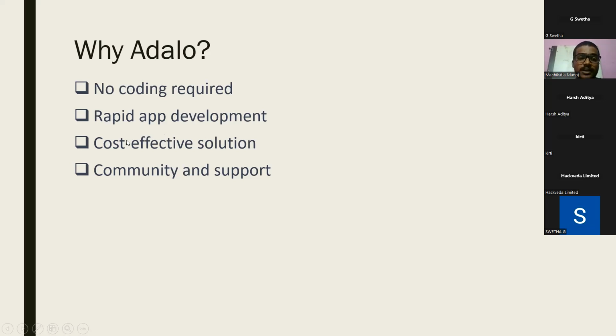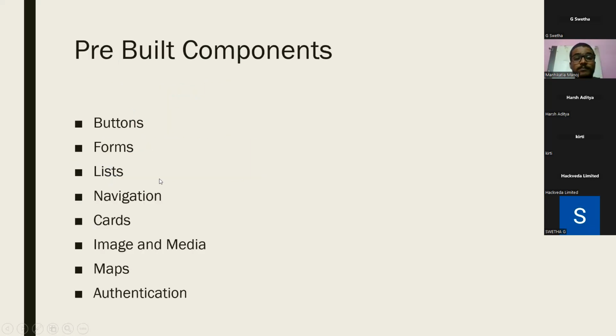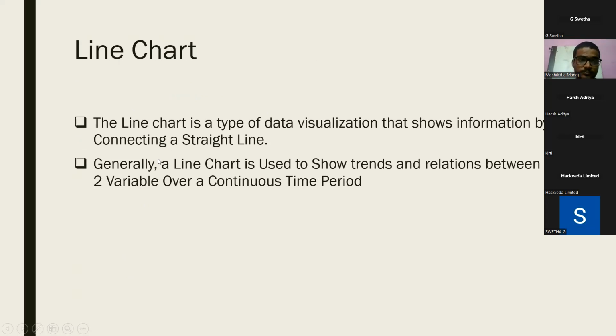And in Adalo, community support is also available. There are many pre-built components available in Adalo. Here, some of them are listed below: buttons, forms, lists, navigation, cards, image and media, maps, authentication, and many more.